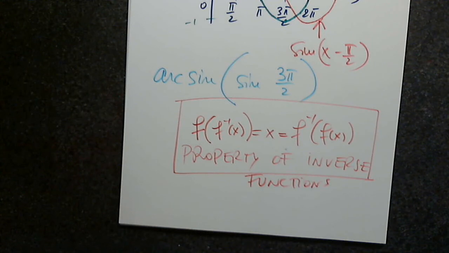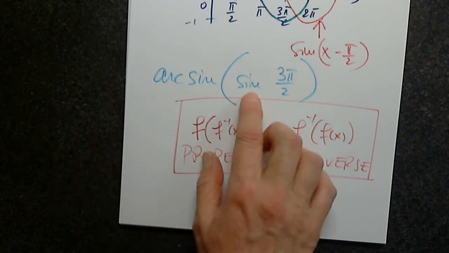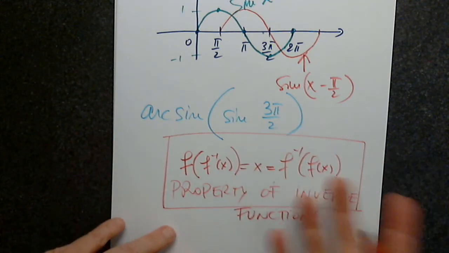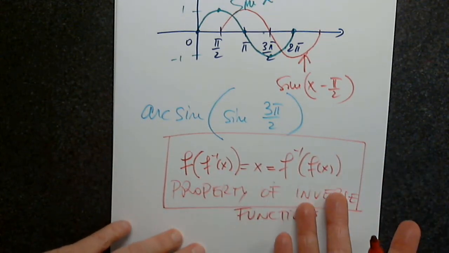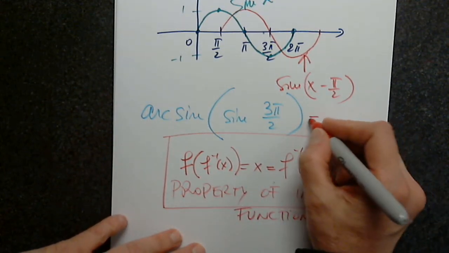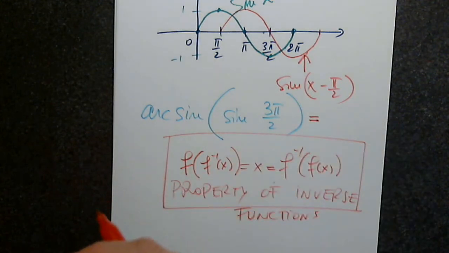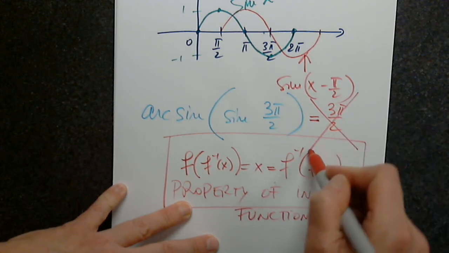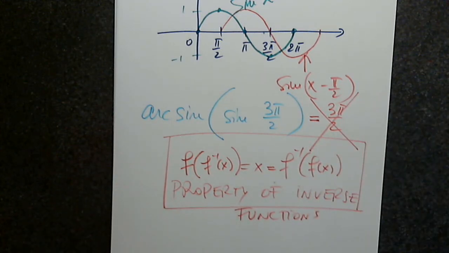The same thing here. I know that arcsine and sine are inverse functions. And because of the property of inverse functions, I am tempted to blindly write 3 pi over 2. Wrong. You can say, wait a minute, you just presented this. Yes, here's the situation.